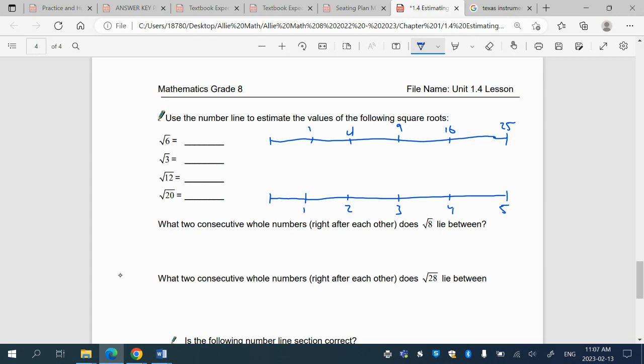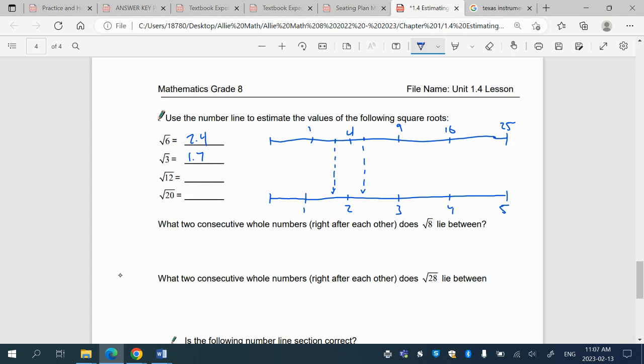Perfectly in between those two would be about 7.5. So it's a little bit here maybe. I'm going to guess 2.4. 3 would be about here. Let's drop down between those two. We're past 1.5, maybe 1.7.